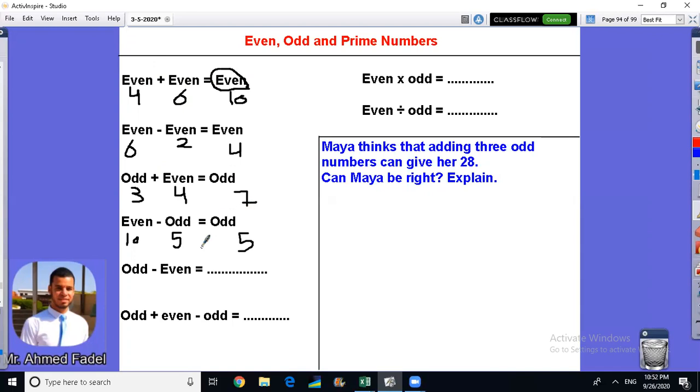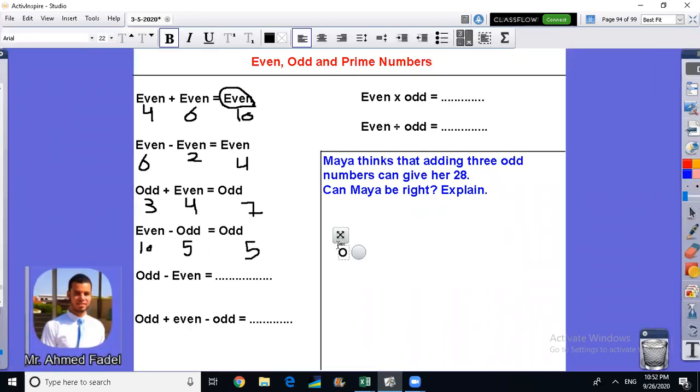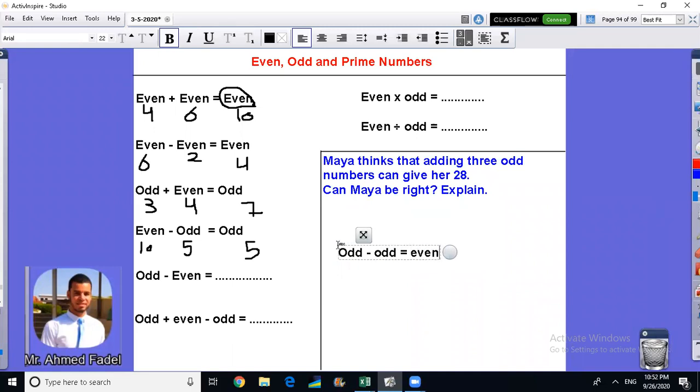If they are like each other, the answer is going to be even. For example, even plus even is going to be even. What about odd? Let's put this here and then we're going to erase it. Odd minus odd is going to be even. As long as they are like each other, odd and odd is even.